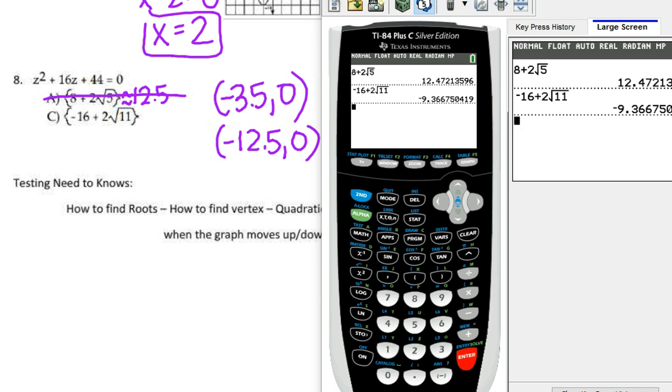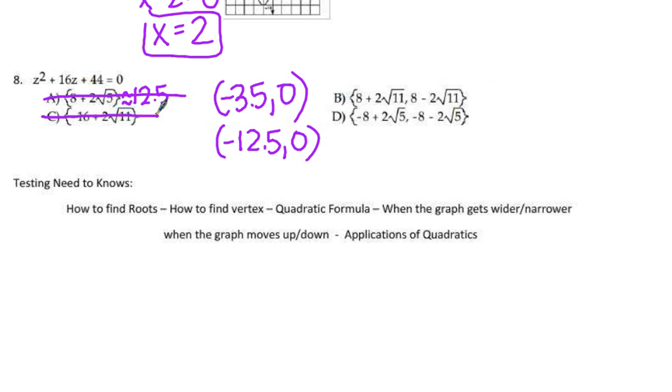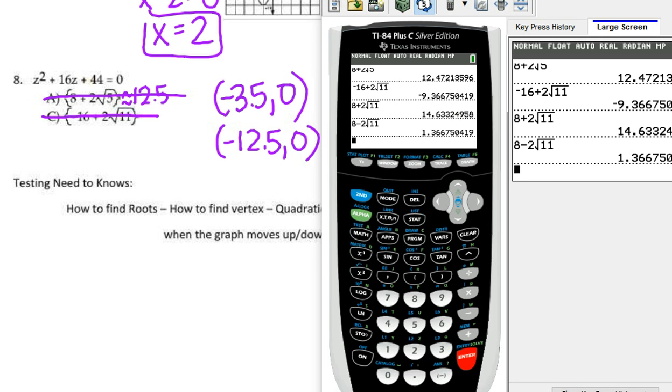I plugged in option C, and as you can tell, we actually got a negative decimal value there, so I'm going to have to eliminate option C as well. In this next part, I plugged in option B. I did 8 plus the square root of 11 and also 8 minus 2 times the square root of 11. And again, I got 14 point something and 1 point something.